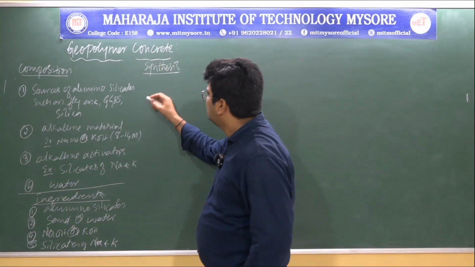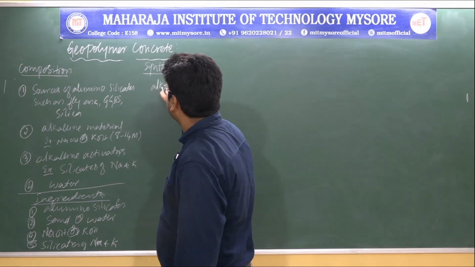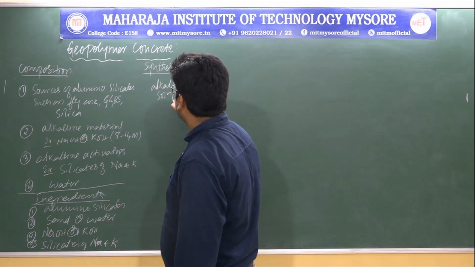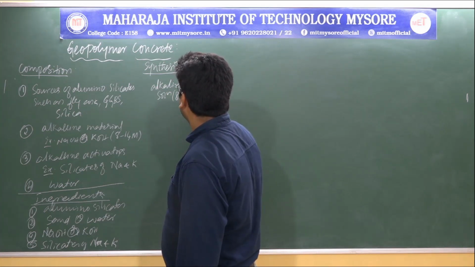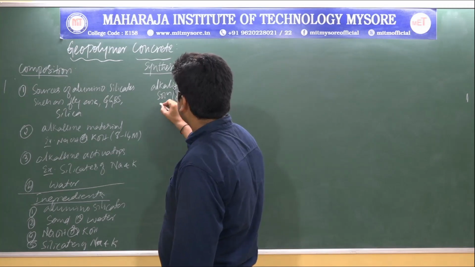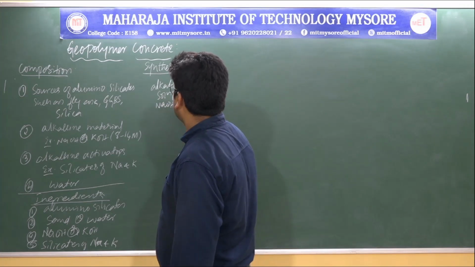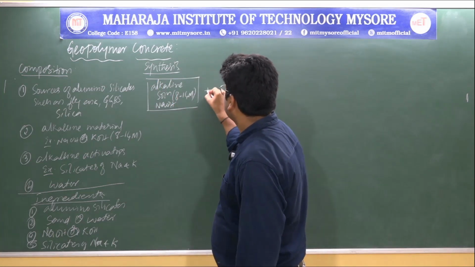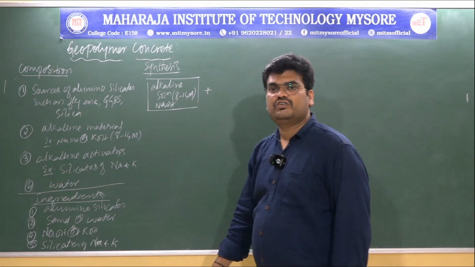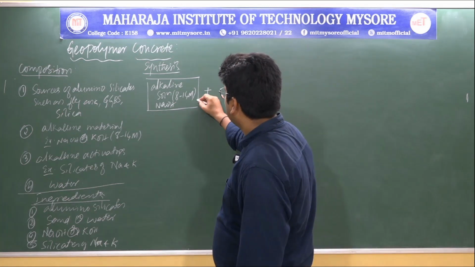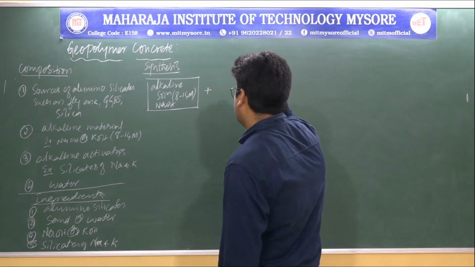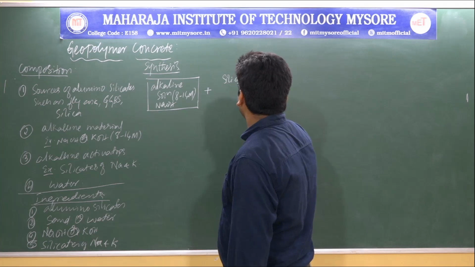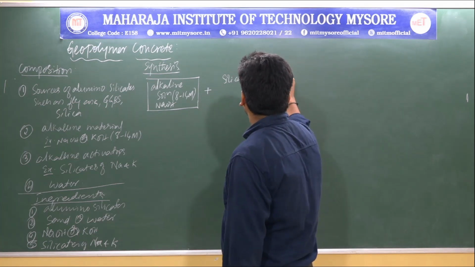This is the process involved in the synthesis of geopolymer concrete. So let me write that. On one side you have to take an alkaline solution of concentration 8 to 14 molar. Here we are going to take NaOH for explanation. Then plus, you need to take silicates of sodium or potassium.